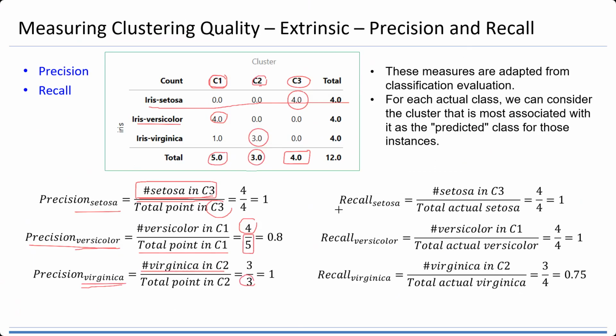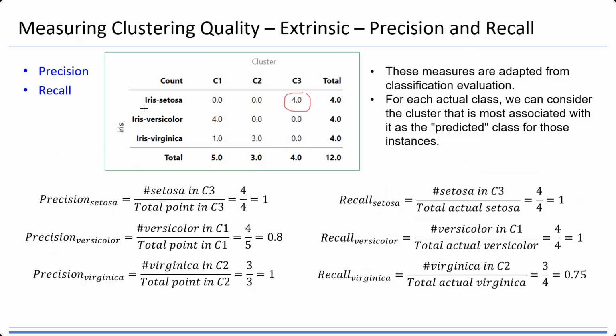What about the recall? For the recall, we use the same three flowers: setosa, versicolor, and Virginica. For setosa, we know that setosa is distributed in C3. So the number of setosa in C3 divided by the total actual setosa. We have setosa as 4 and the actual setosa is 4, so 4 divided by 4.